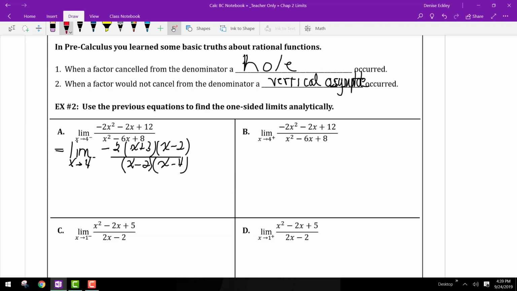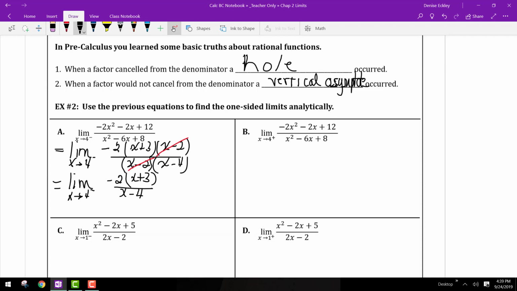As we can see, one of the factors cancels out. So we are left with the limit as x approaches 4 from the left of -2 times x plus 3 over x minus 4. What we notice is that we didn't cancel out the factor of x minus 4.